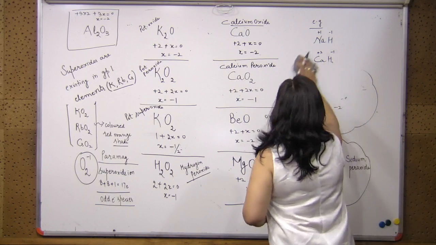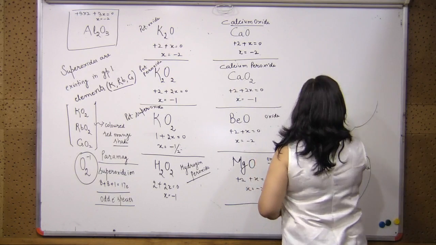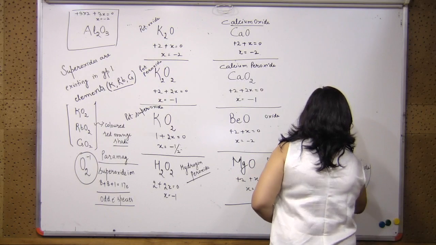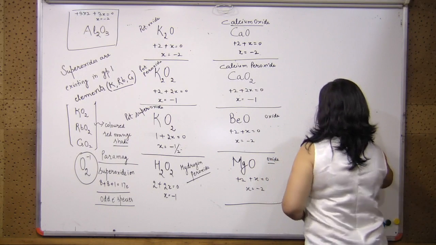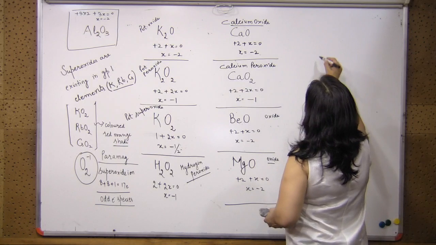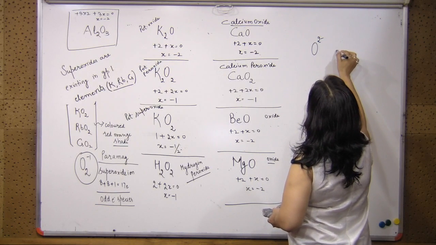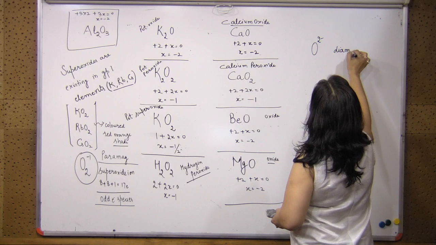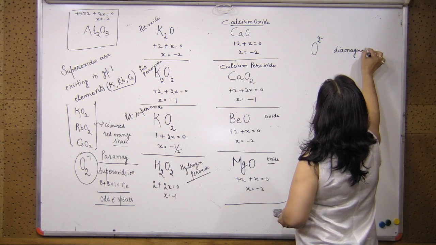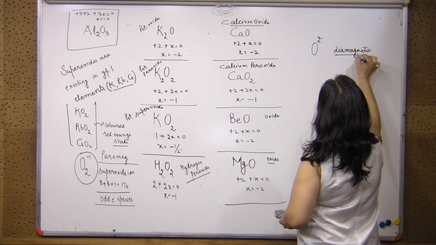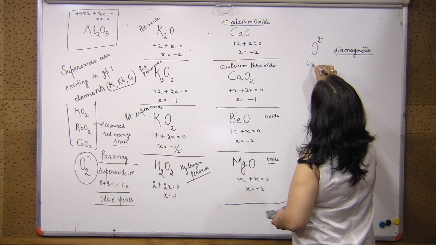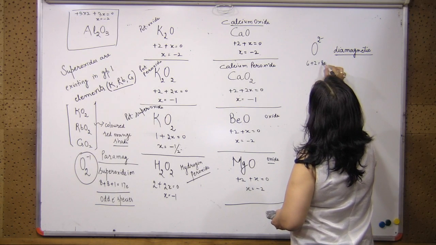Now this is about oxygen. Now some more points about oxygen. When we write oxide, it is going to be a diamagnetic ion. Oxide ion is diamagnetic. 6 plus 2, 8 electrons.